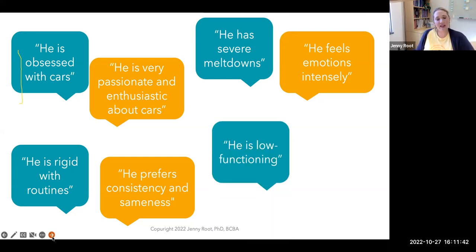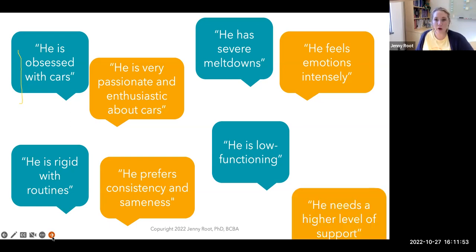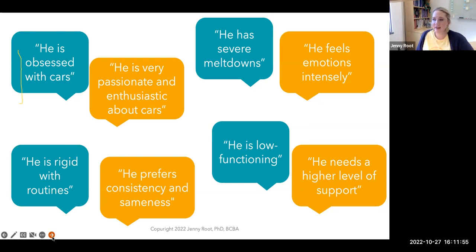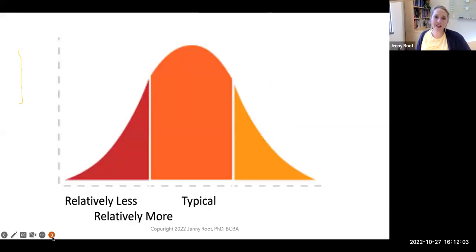One that I feel I have to mention is when we say someone is low functioning, that really establishes what somebody's expectations are for you, right? Or could we say they need a high level of support, right? Because then we're focusing on what they need to be successful, not whether or not they're going to be successful.